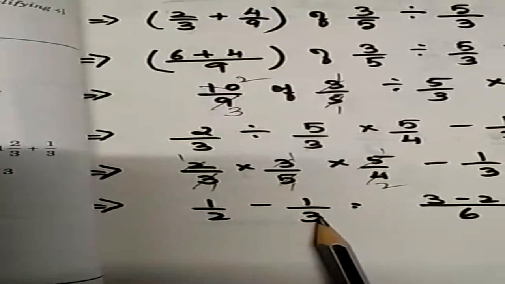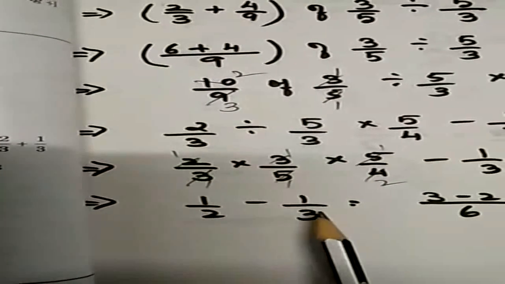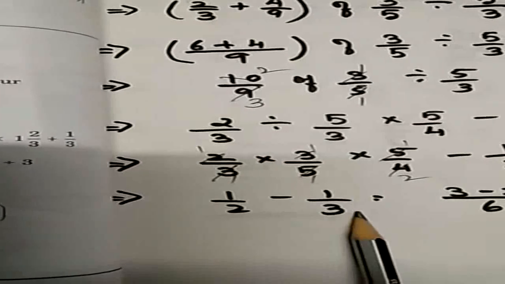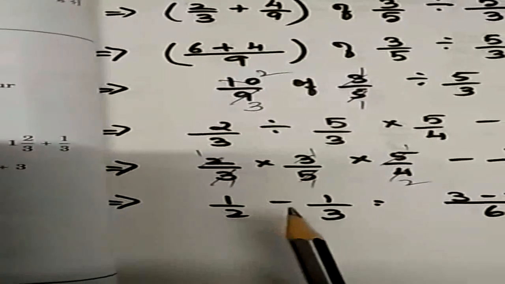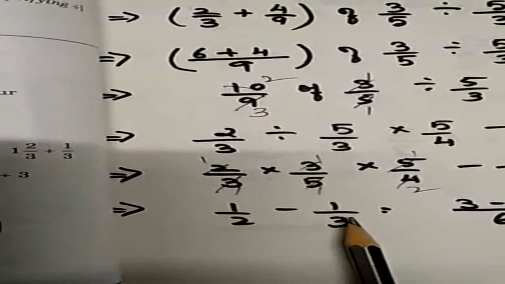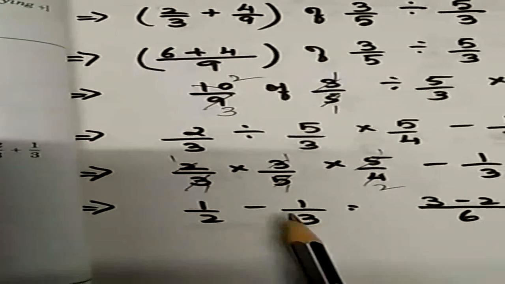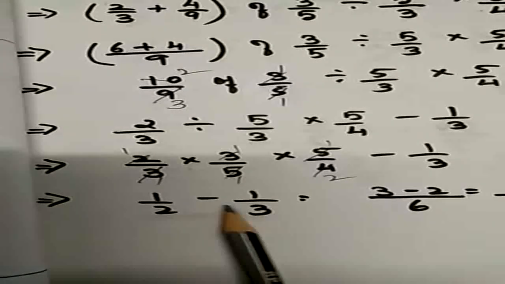Does 2 and 3 come together in any table? No. When they don't come together in any table, we call those numbers co-prime numbers.